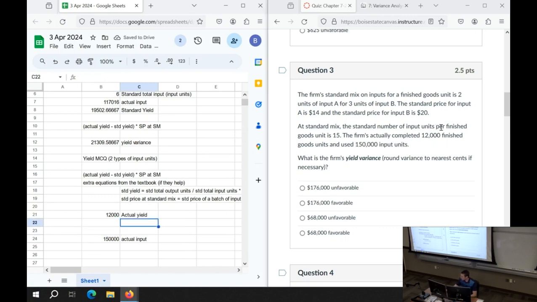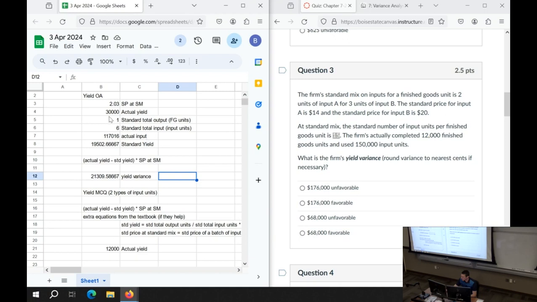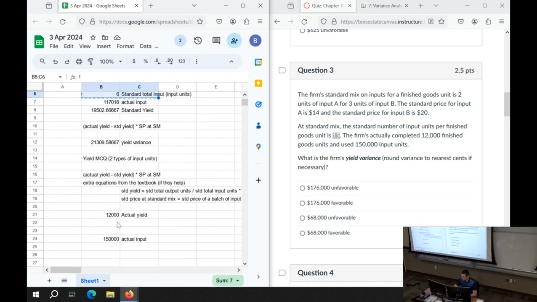It says here that per finished goods unit, since it's 1 unit, we have 15 input units. So let's grab these two, copy them over. If we take 1 divided by 15, so 1/15 the number of finished goods units versus the number of input units, multiply that by the input units, this should be our standard yield.